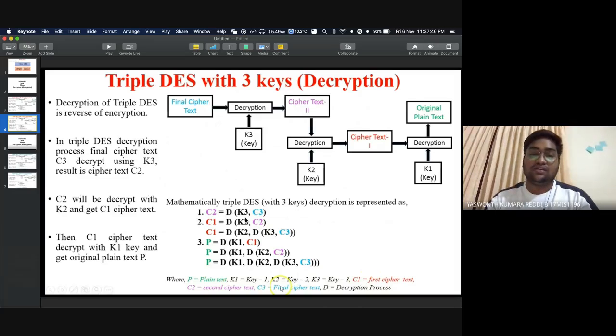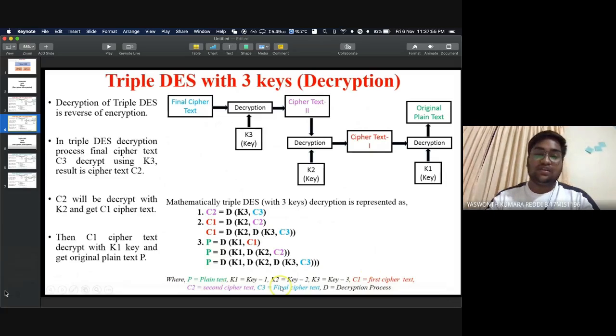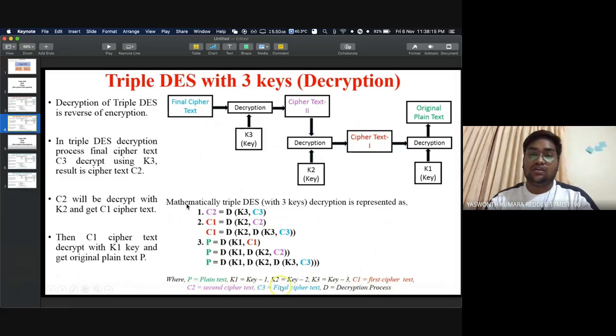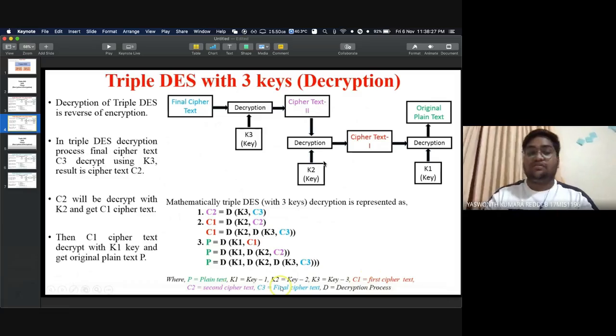Here C2 is the second ciphertext, and C1 equals D of K2, C2, which is D of K2, D of K3, C3. Here K3 is key 3 for decryption, and C2 is decrypted with K2 to get the first ciphertext C1.